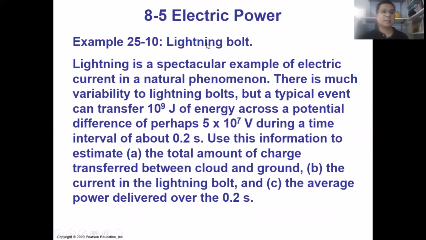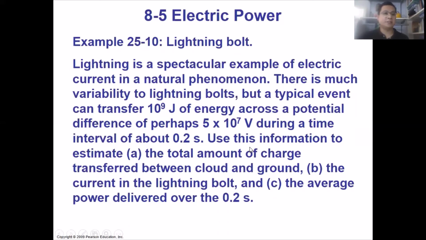This is another example, electric power. Lightning is a spectacular example of electric current. There are many variables to a lightning bolt, but a typical event can transfer 10 power 9 joule of energy across a potential difference of perhaps 5 times 10 power 7 volt during a time interval of about 0.2 seconds.